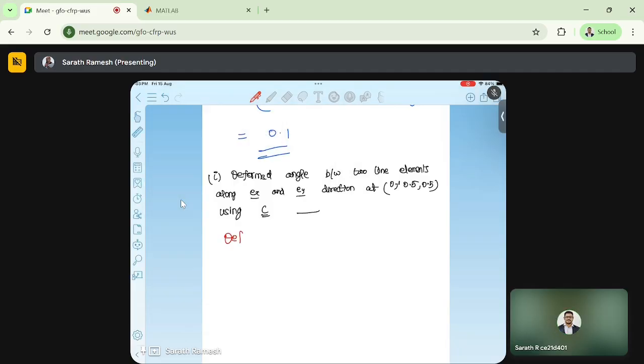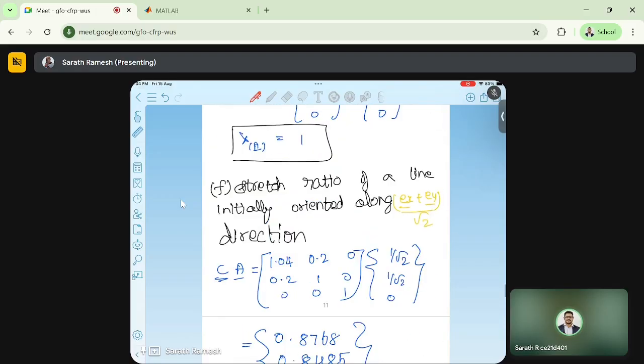Deformed angle, that is theta in the current configuration, is equal to cos inverse of CA dotted with B divided by root of CA dotted with A times root of CB dotted with B. Okay, correct? So this is the formula.